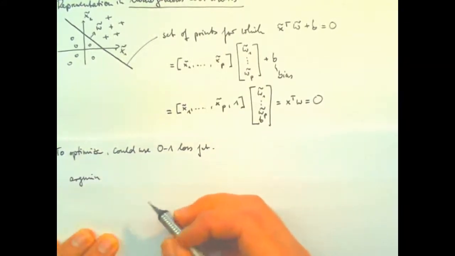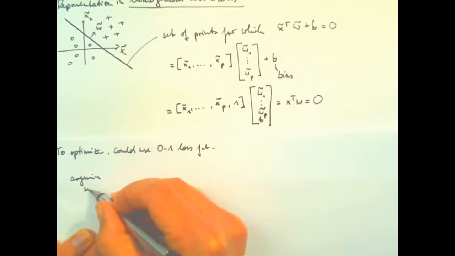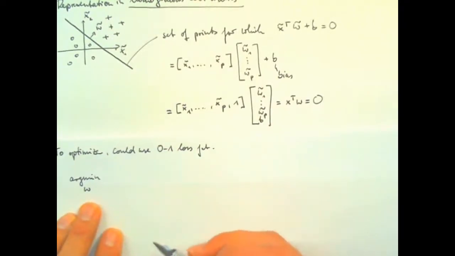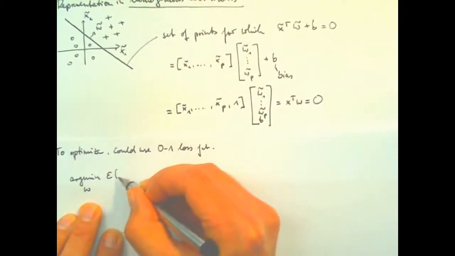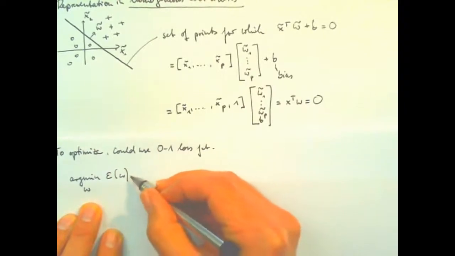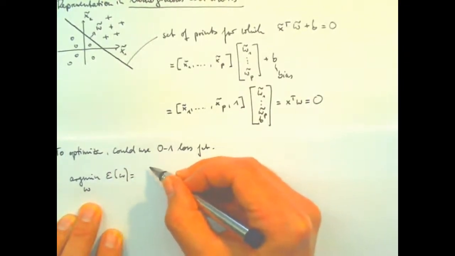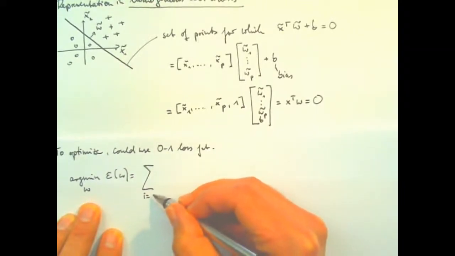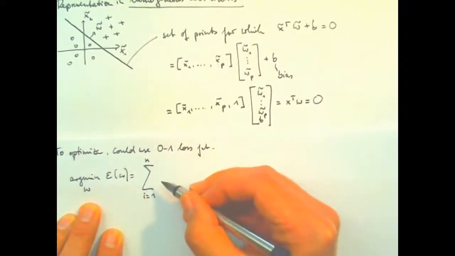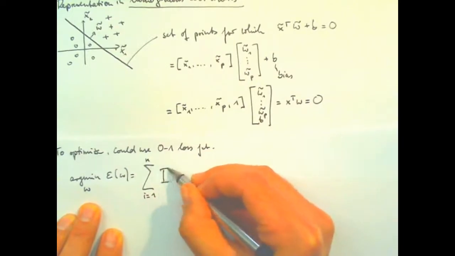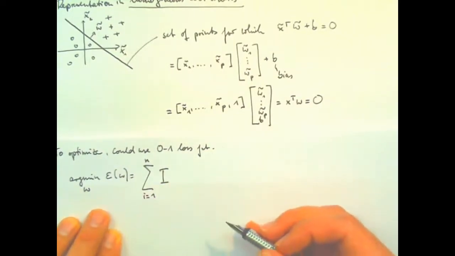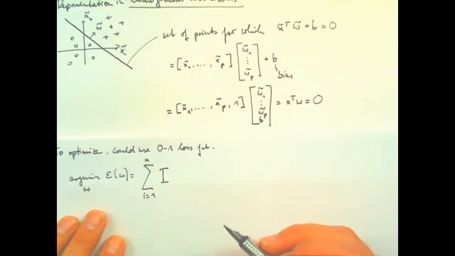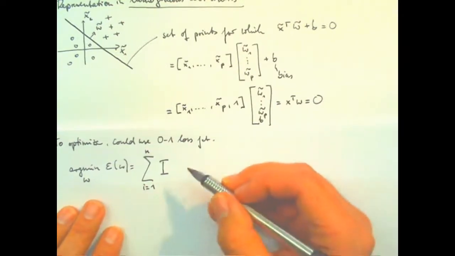So I would say I want to find the parameter W which minimizes my loss. And if I use the 0-1 loss function, I would write that as a sum over all points multiplied. I is my indicator function, so it is 1 if the argument is true and it is 0 otherwise.